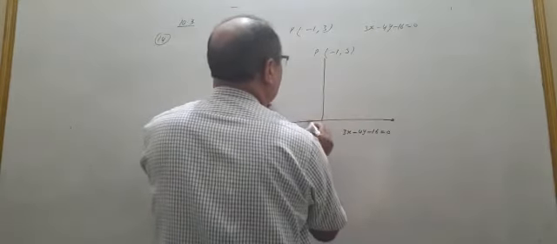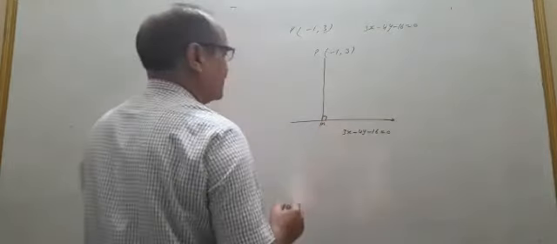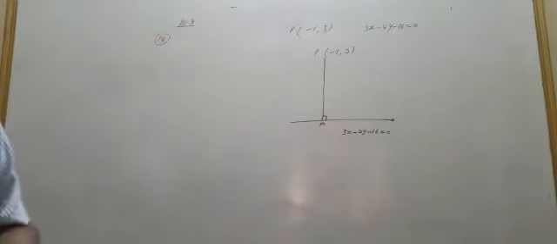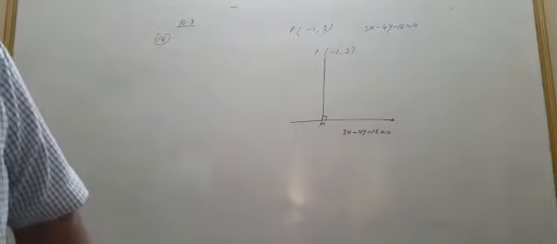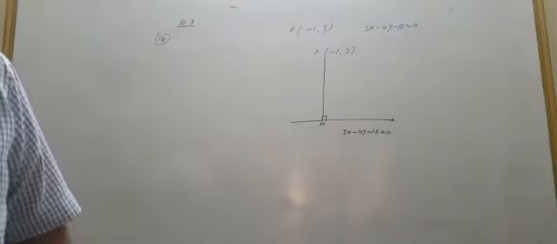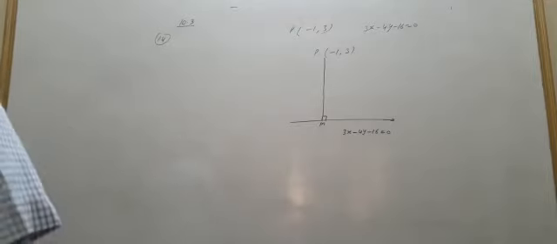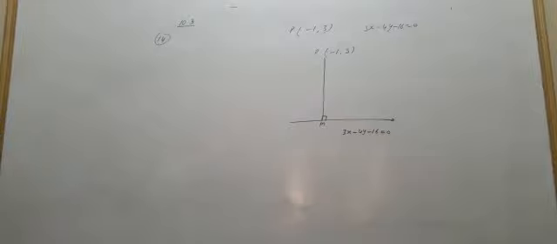Let us consider this is the line and this M is the foot of perpendicular from the point. The question is to find the coordinate of the foot of perpendicular from the point this on the line this.